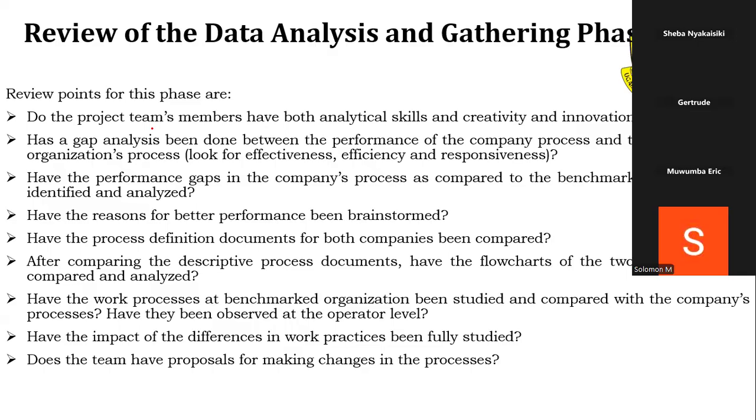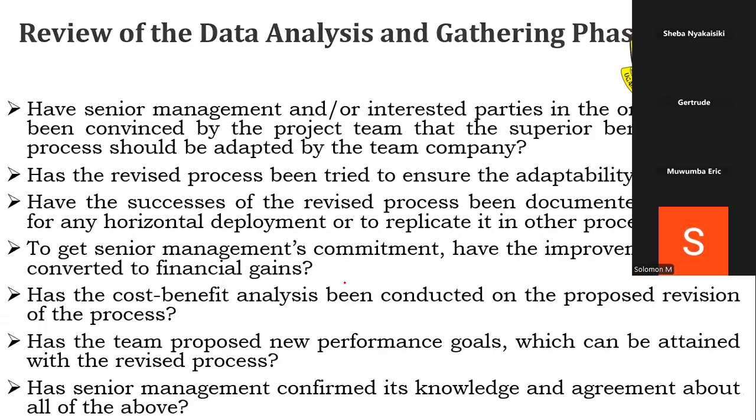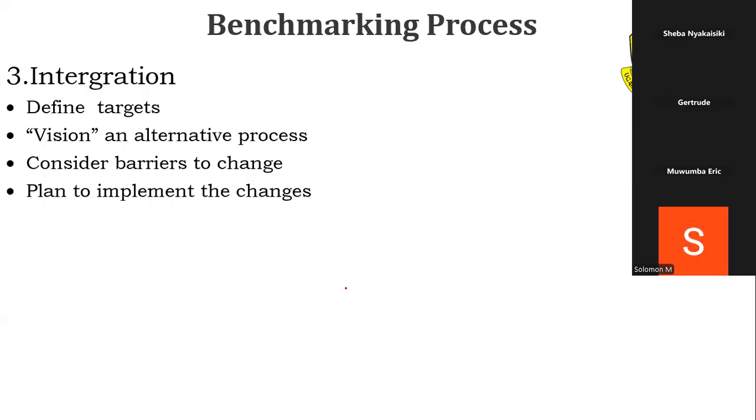Have the performance gaps in the company's processes as compared to the benchmarked process been identified and analyzed? Have the reasons for better performance been brainstormed? Have the process definition documents from both companies been compared? And so on and so forth. This page also continues the same questions. You can go through these one at a time.